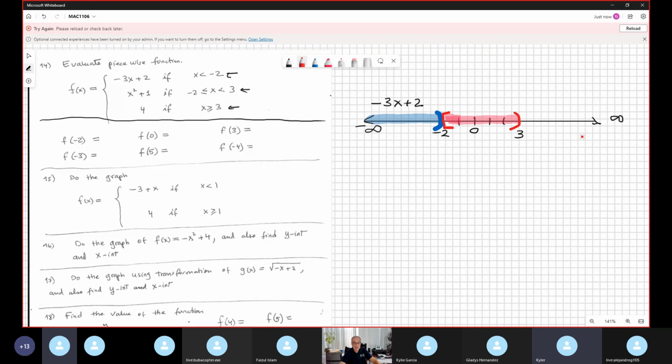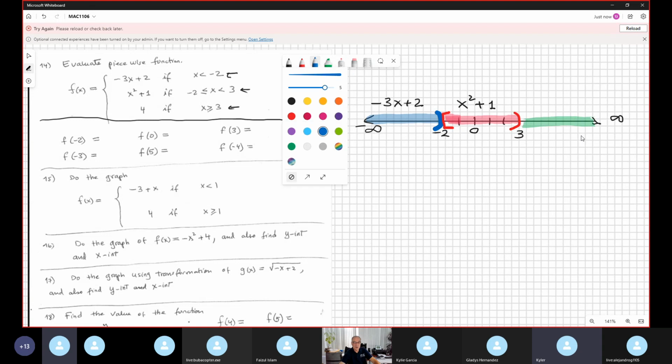We need to select this expression. And finally, in another color, maybe green, from 3 to infinity, of course, included bracket 3, and this continues forever, this expression gets just 4.